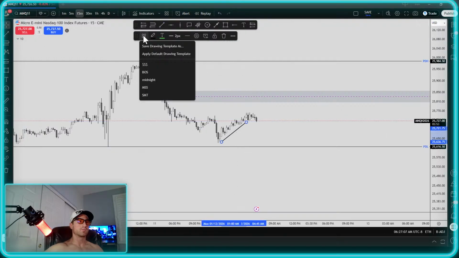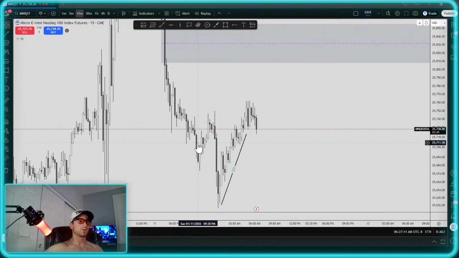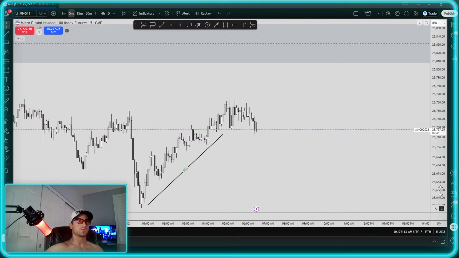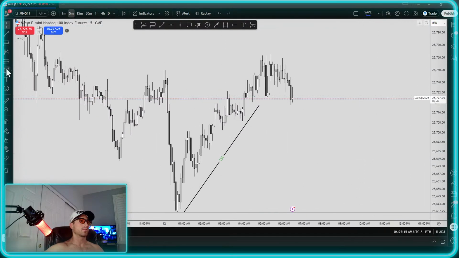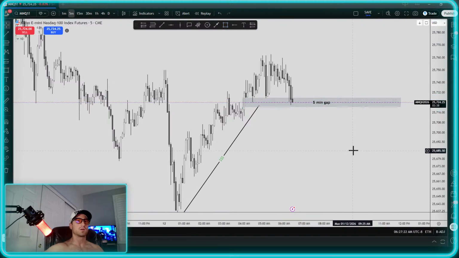I see that as all liquidity. I want to see us go into the 5 minute. Here, the 5 minute gap. Closing below that.